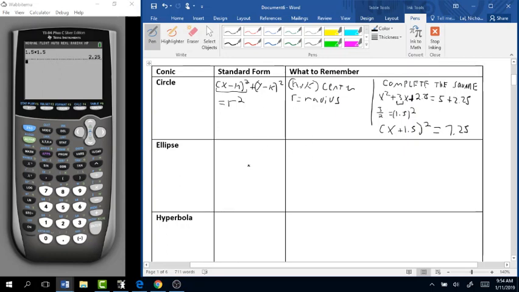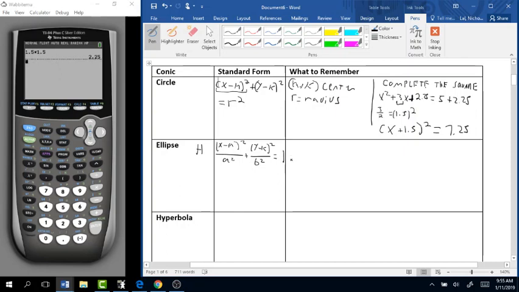The next shape is an ellipse. The standard form of a horizontal ellipse is going to be (x − h)²/a² + (y − k)²/b² = 1.